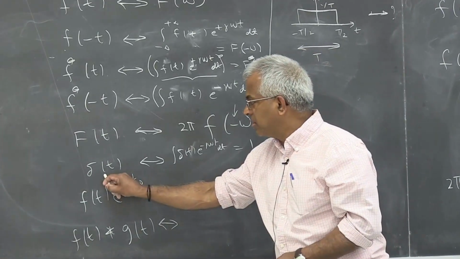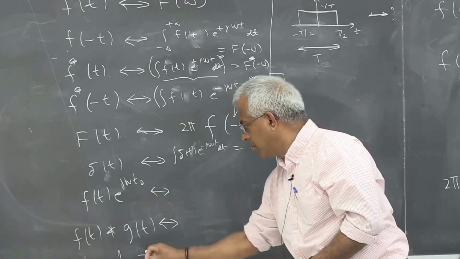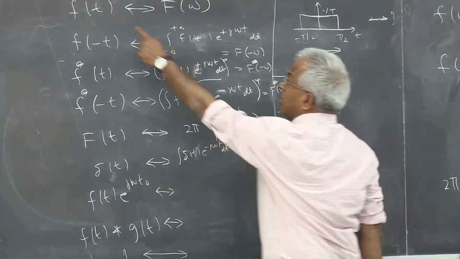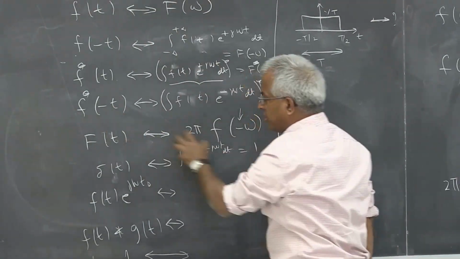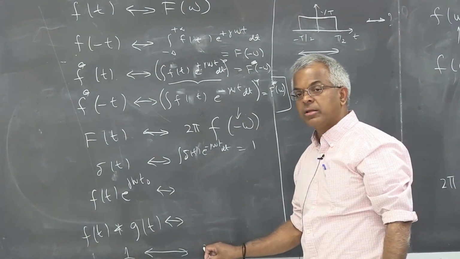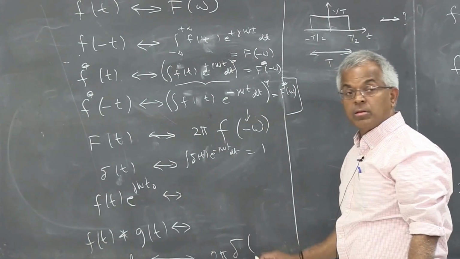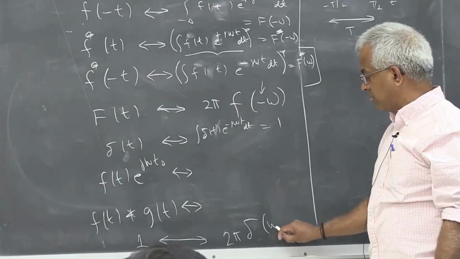So what if I bring this 1 into the time domain? Anybody? So look, delta t has a transform of 1. f(t) has a transform of F omega. If I bring the shape into the time domain, what will be the transform of 1? Anyone? Delta of minus omega, but delta is a symmetric function.